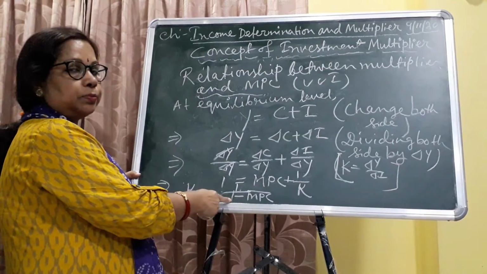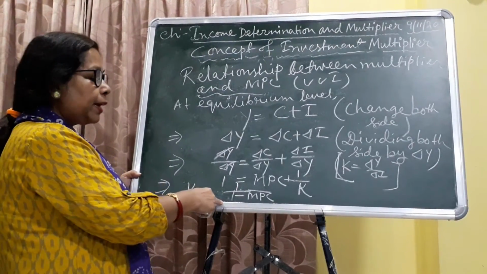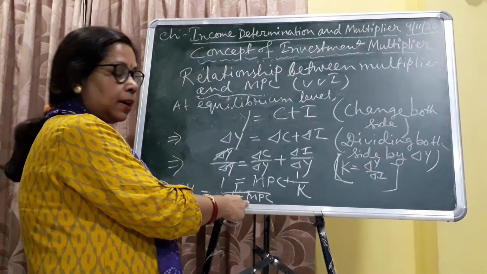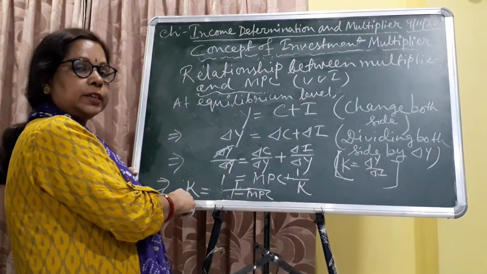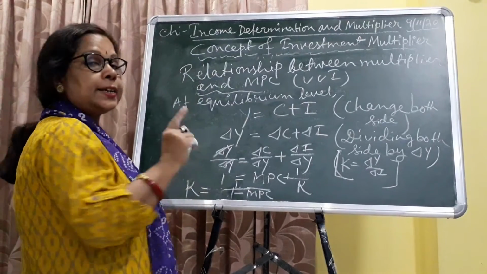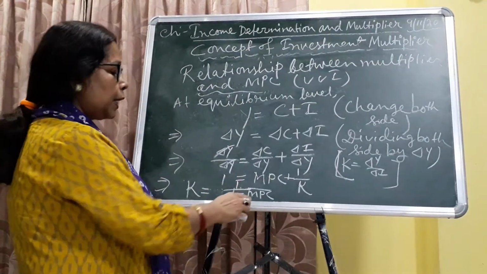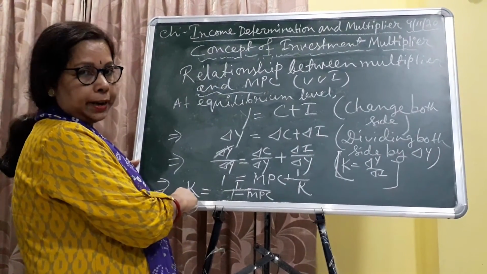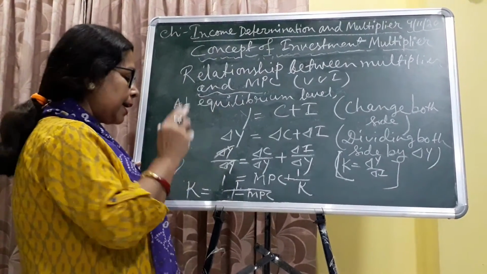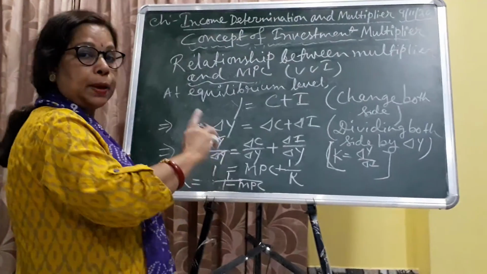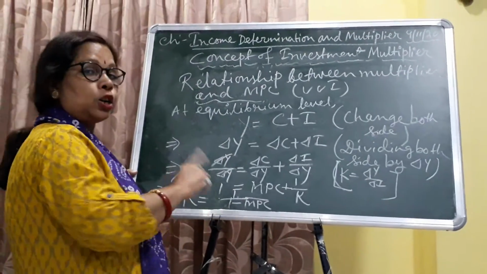Here we can see that when the value of MPC increases, the value of K also increases. This means that there is a direct relationship between MPC and multiplier. When the value of MPC increases, K also increases.